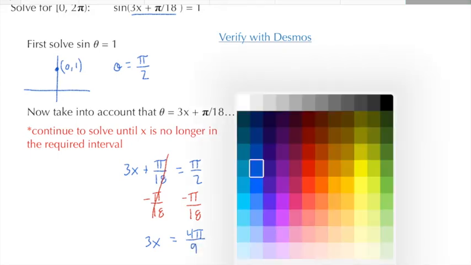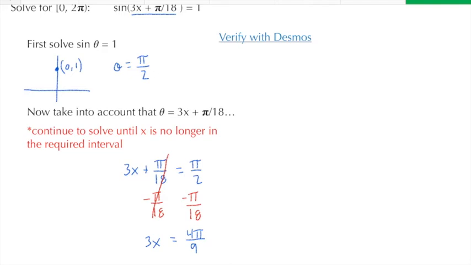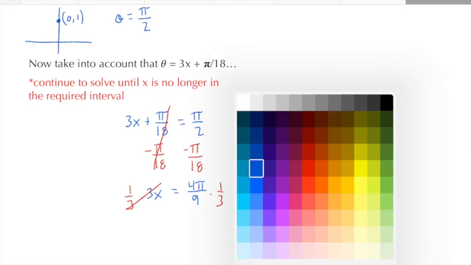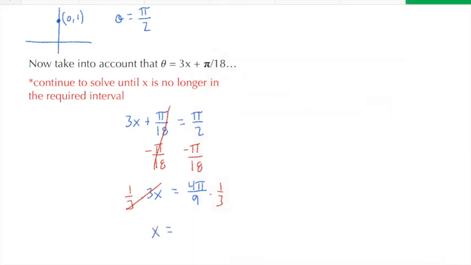Then you're going to divide both sides by 3, or I think it's more helpful to multiply by 1/3 in this case. That'll give me x equals 4 pi over 27, which is definitely within the interval 0 to 2 pi.